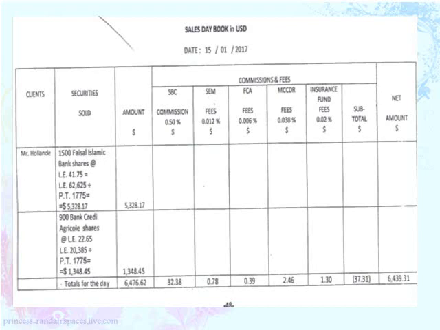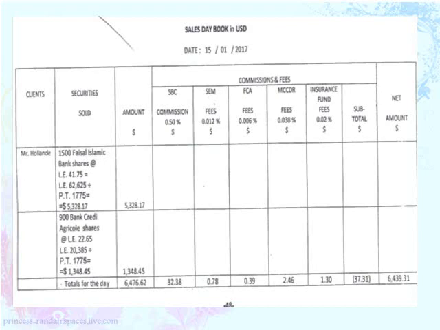Then we have $1,348.45. So the gross sale price of the first security is 5,328.17, and the gross sale price for the second security is 1,348.45.